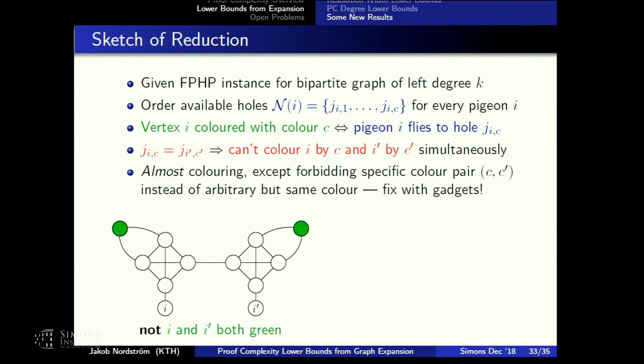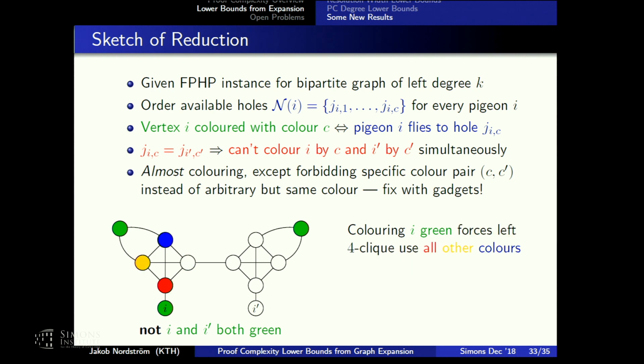So here's the gadget for 4 coloring. These are going to be pre-colored vertices that we'll take care of later. And this is just saying that if pigeon i and i prime both take the green edge, then they collide. So any coloring for these pigeons is going to be okay, except the green-green coloring. To see why, suppose that pigeon i takes the green color.